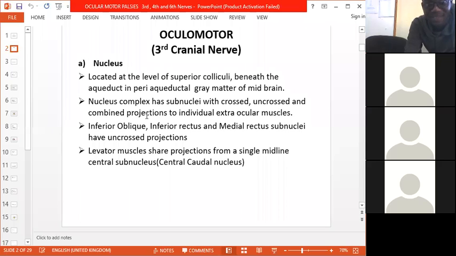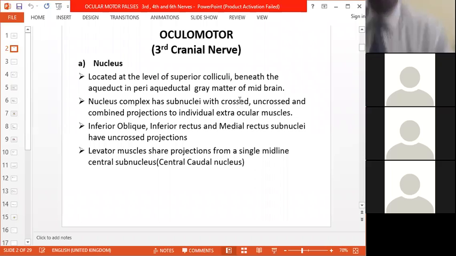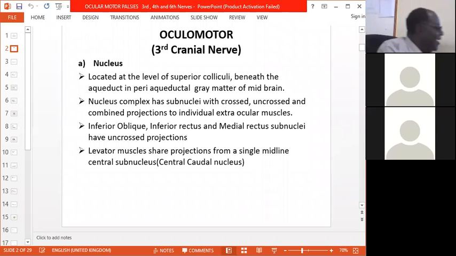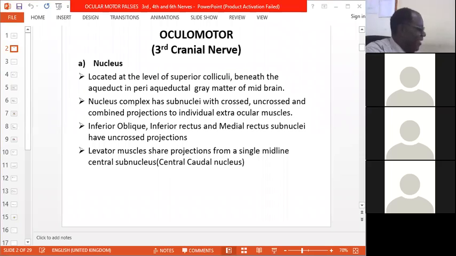Okay, I have a question concerning ptosis. What is ptosis first? A drooping of eyelids. Eyelid, yes.